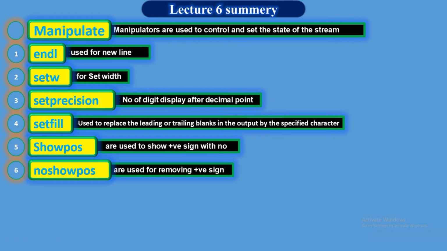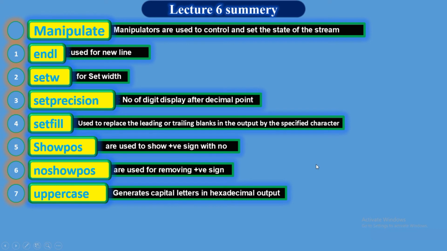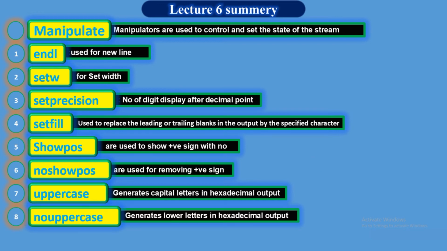noshowpos, the default value, doesn't show the positive sign with numbers. Uppercase converts to capital letters in hexadecimal output. Nouppercase, the default value, converts to lowercase letters in hexadecimal output.